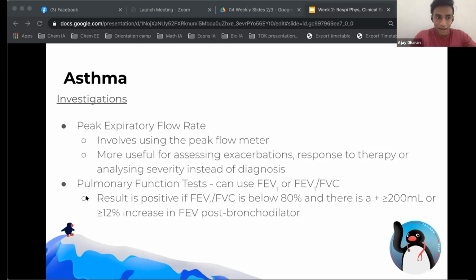But in order to diagnose asthma, you usually use your FEV1 or FEV1 over FVC. The result is positive if you have the following conditions: your ratio must be below 80%, and there is an increase whenever you use a bronchodilator. So that's the key difference between COPD and asthma.